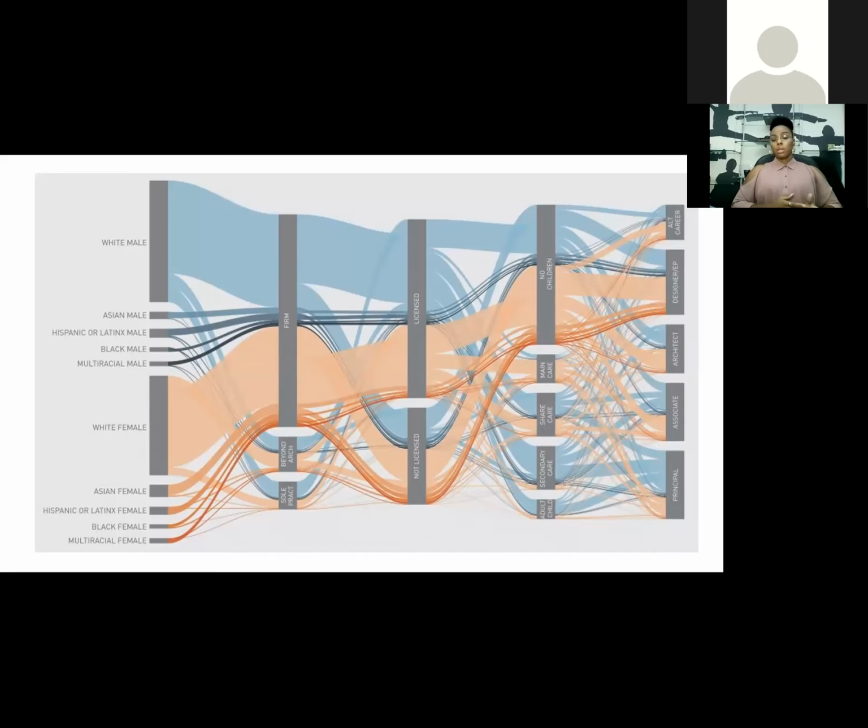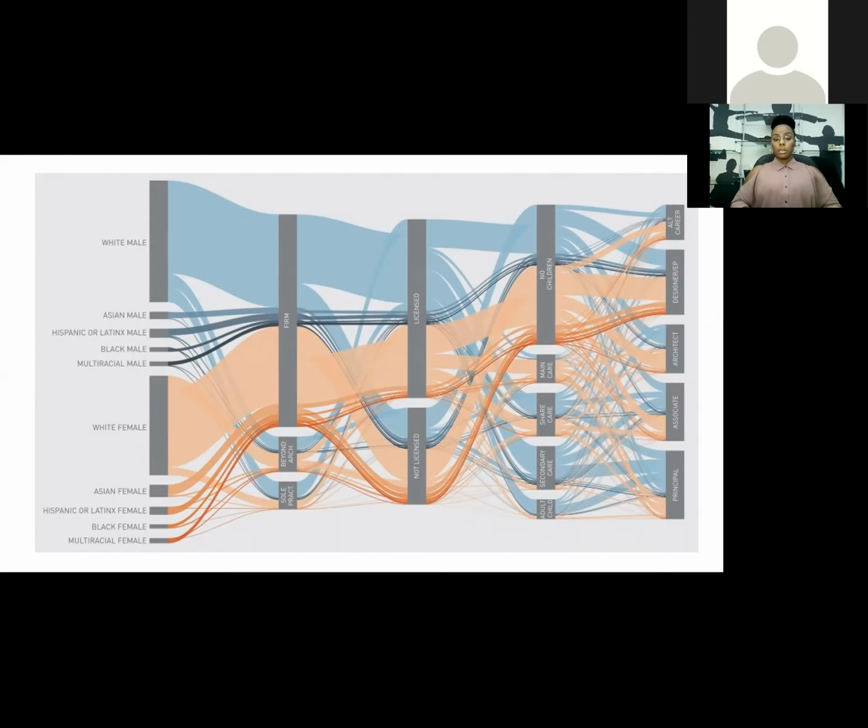Now, this graph is incredibly important because it outlines really the complete path of architecture and how it is framed out right now. So in the light blue, you'll notice that that is male, right? So the lighter blue is white male, and the darker blue goes to minority and multicultural males.